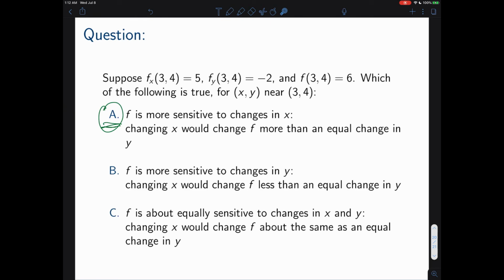If you think about it, you can probably imagine why people might care about this, why it might be useful to know about this kind of sensitivity. You might be in a situation where you can control variables x and y, or at least measure them, and you're interested in the value of f.